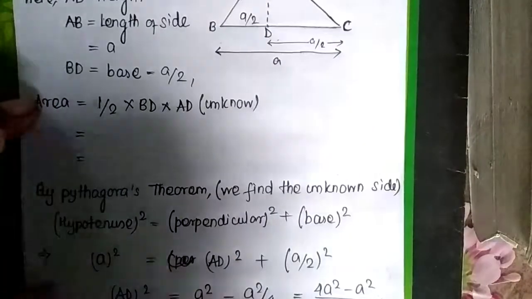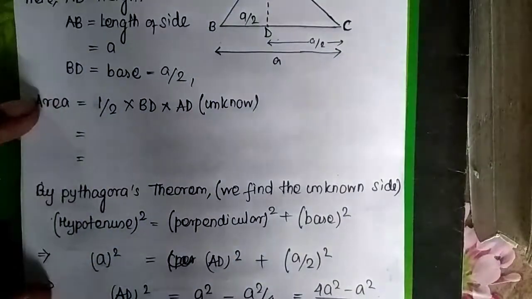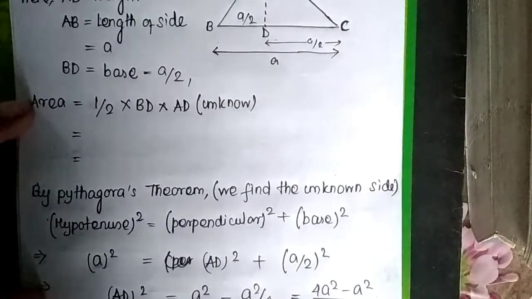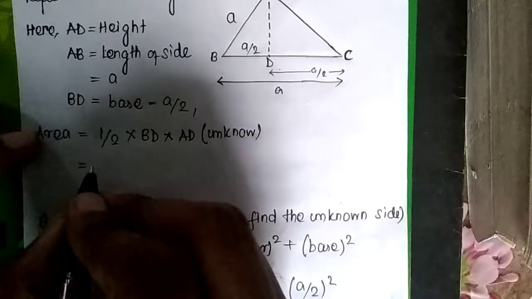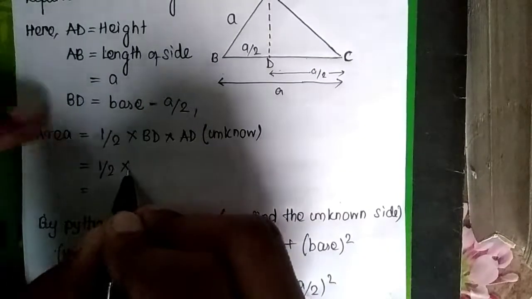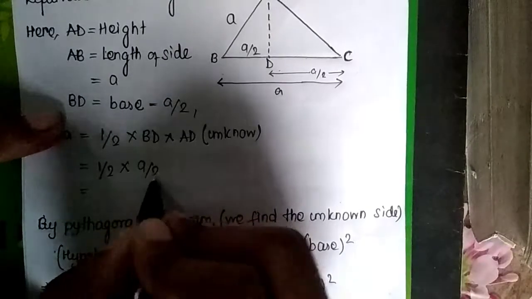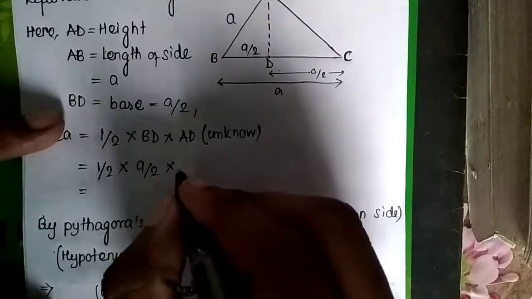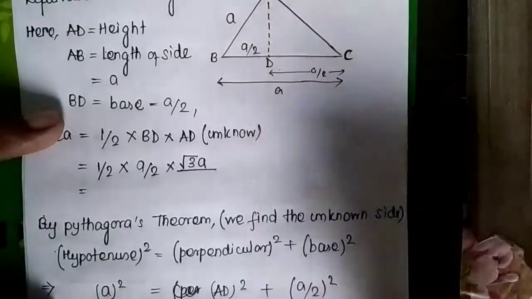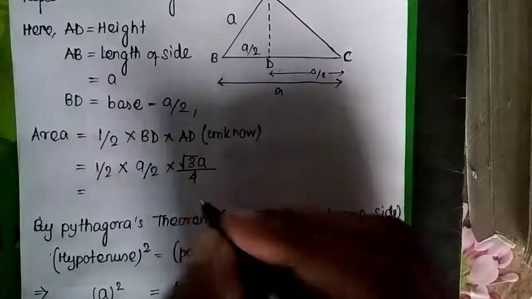So let me write. There is half into BD, meaning A by 2 into root over of 3 into A by 4.